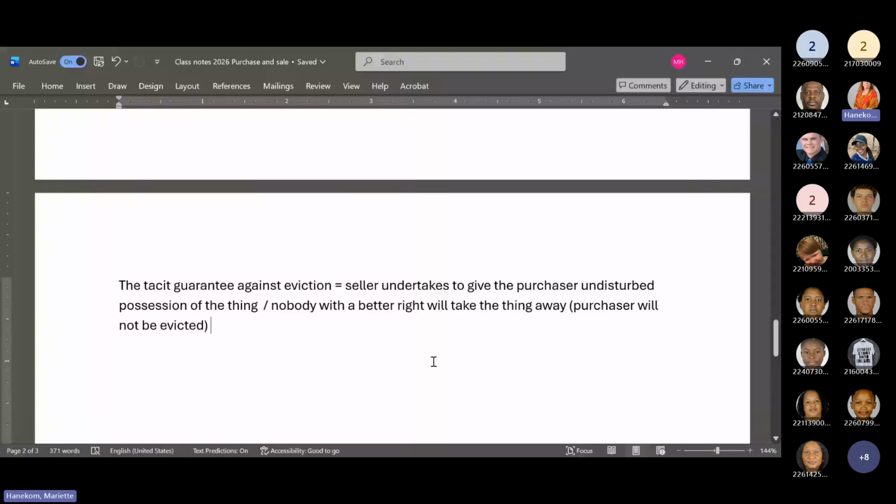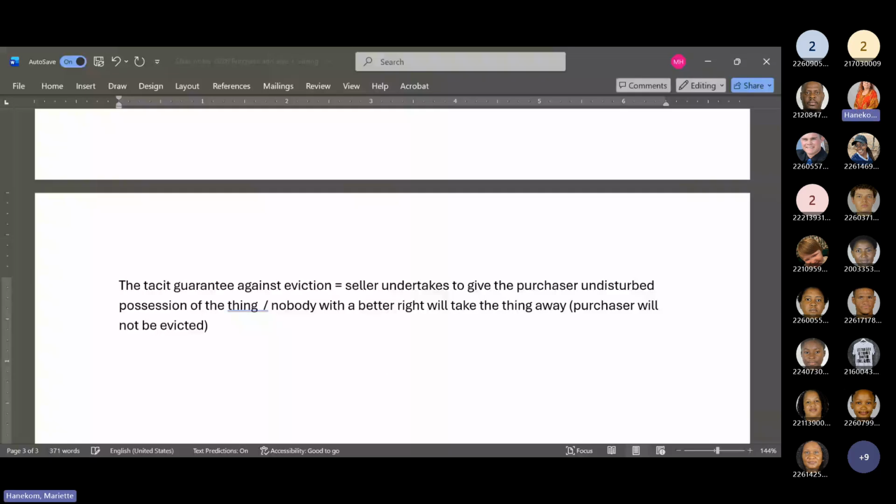Eviction means the thing that you bought, that was handed over to you, that you took possession of, is taken away from you. Now, in terms of the guarantee against eviction, the seller undertakes to give the purchaser free, undisturbed possession of the thing, guarantees that nobody with a better right will come and take it away.